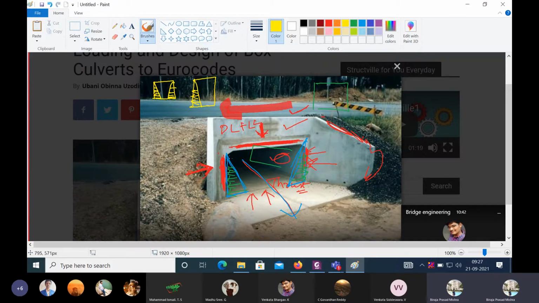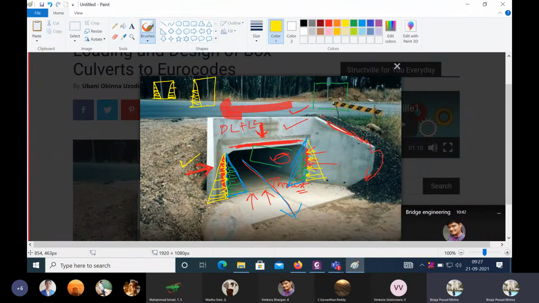Now this backfill, the load of this backfill, will also act as a triangular load on the side walls. Similarly on this side as well, it will act as a triangular load.